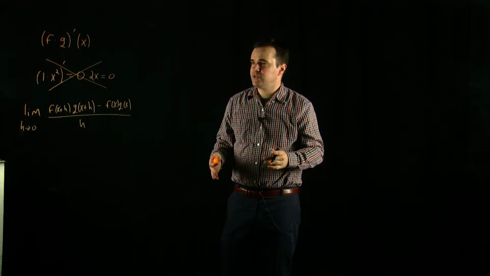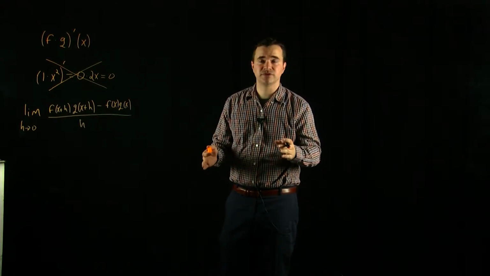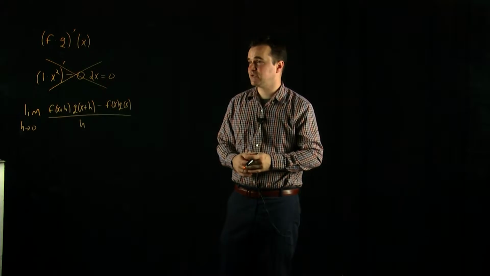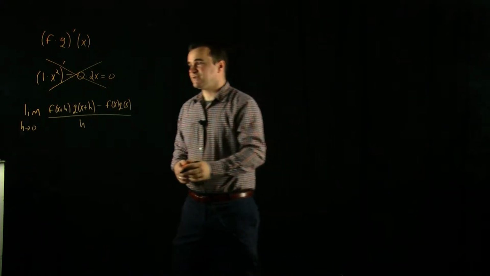So what I'm going to do here, I'm going to do the trick of adding the number 0. I call it the add and subtraction trick. So what I'm going to do is I'm going to take this limit.